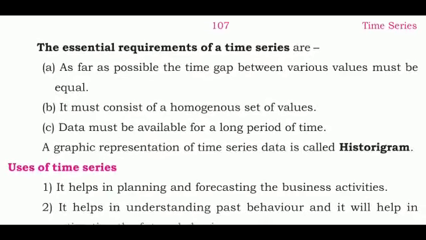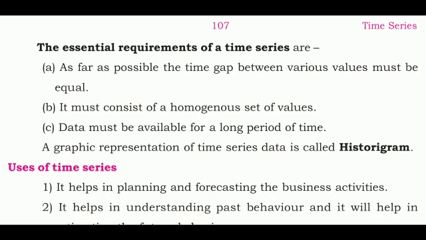The next part, the essential requirements of time series. What are those? First point: as far as possible, the time gap between various values must be equal. Time gap means there should not be much gap between the values. It should be equidistant.